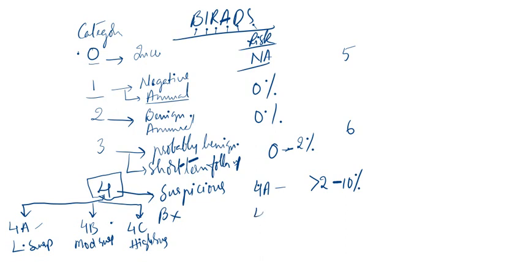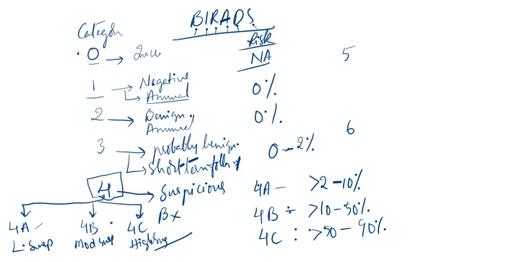If it is 4B, the risk of malignancy is more than 10 to 50%. And the risk of malignancy in 4C is more than 50 to 90%. So a 4C score of BIRADS in any patient is a high risk for malignancy.